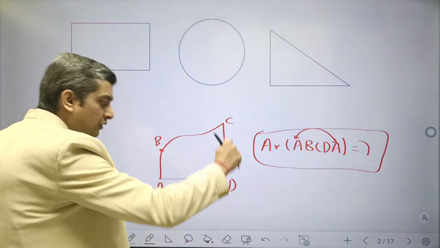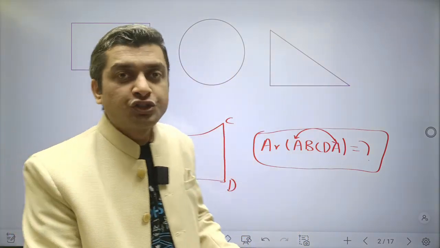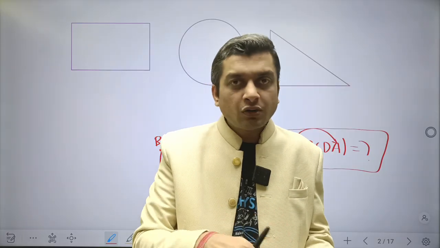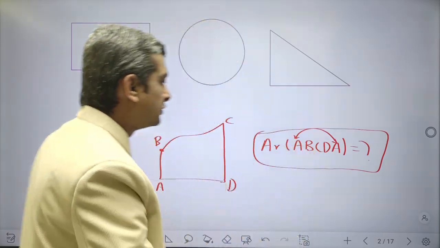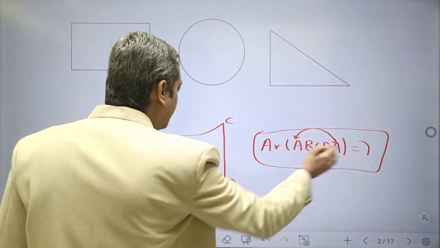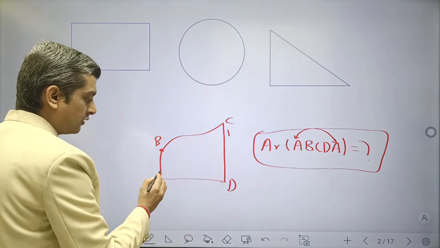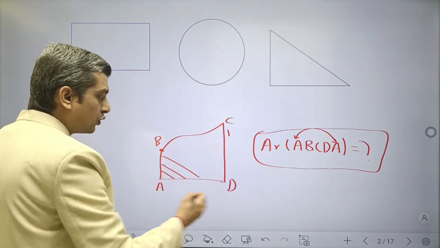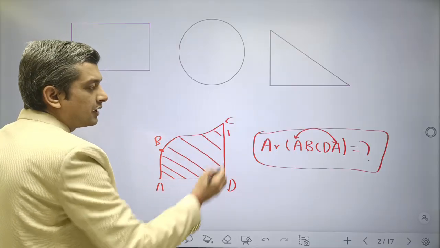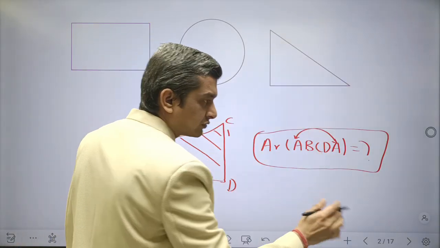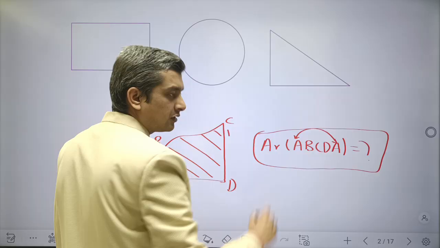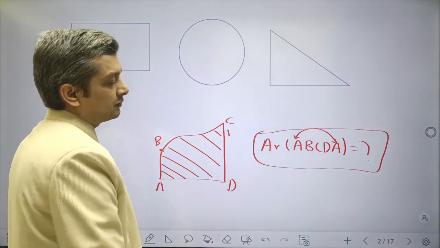Only then the figure will be closed, and only then you will be able to find its area. So this is how we write A, B, C, D, A. We have to find the area of this closed figure. That's why I put A again here, because some students ask, sir, why do you put A here? So this is the method.